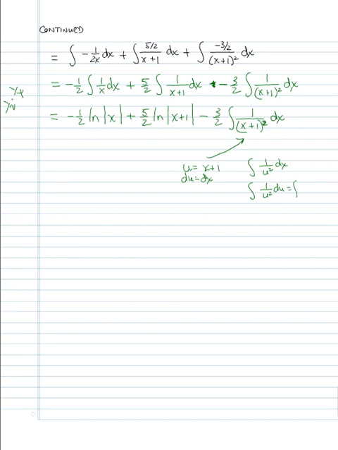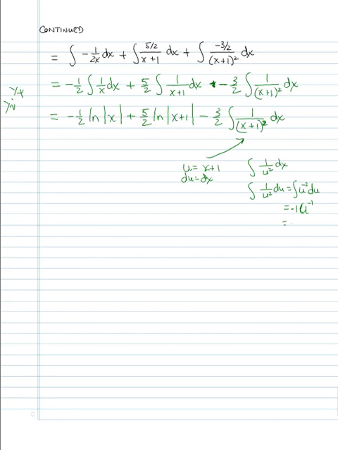And of course, the integral of 1 over u squared is the same as the integral of u to the negative 2, isn't it? And when we integrate u to the negative 2, we get what? Well, we'd increase the exponent by 1, wouldn't we? And when we increase the exponent by 1, we get a negative 1 exponent. So we'd have u to the negative 1, but we have to have a reciprocal of the new exponent, which is just negative 1.